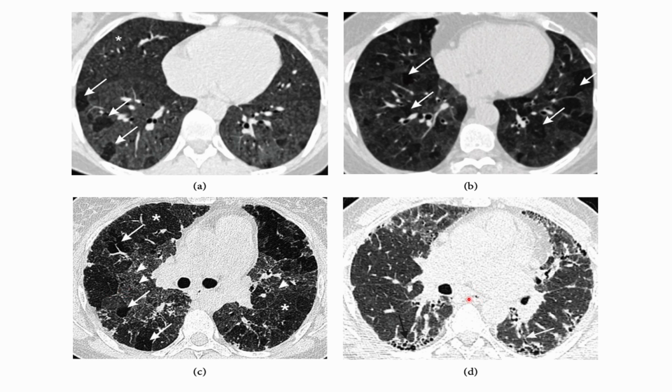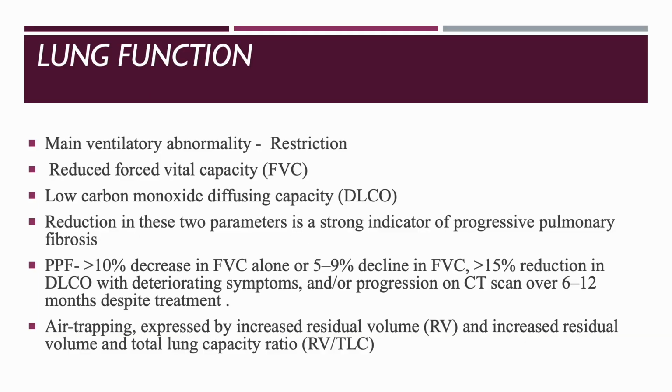And the fibrotic HP, which is ground glass with traction bronchiectasis, honeycombing, and fibrotic pattern. When you're talking about fibrotic pattern, obviously there is sometimes a coexistence of all these other patterns, also associated with fibrosis.